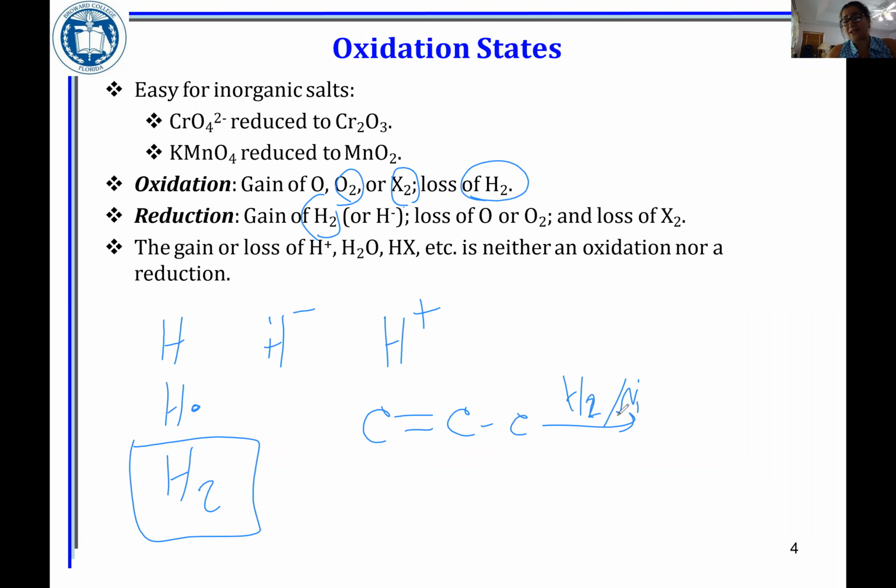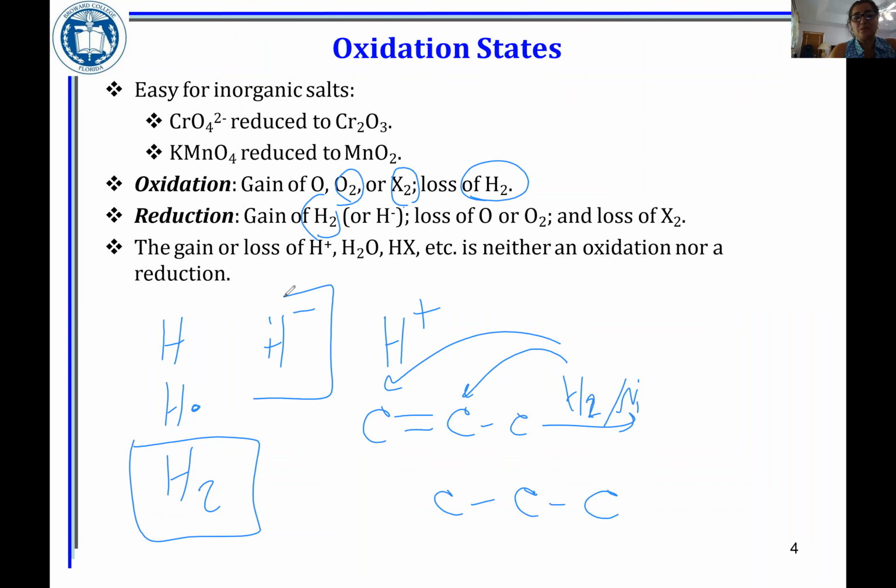The product is the addition of one hydrogen to each carbon of the carbon-carbon double bond. The product is going to be an alkane. This reaction is classified as reduction because you're adding two hydrogen.